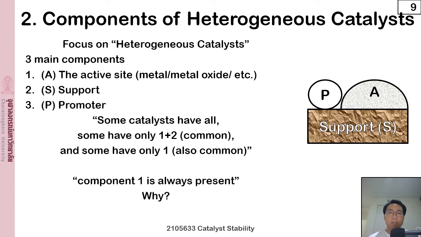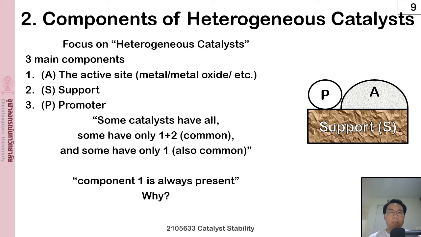So the active site is deposited on the support. The important property of the support is to have a high surface area to disperse the active site in high quantity, so that per gram of the catalyst that you use, you get the highest amount of active site.